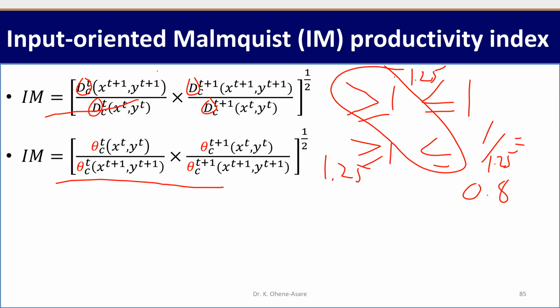That's why I want you guys to pay attention for me. The reciprocal itself has been taken care of in the formula. Remember, each theta that you have is less than or equal to 1. Each distance function is greater than or equal to 1.